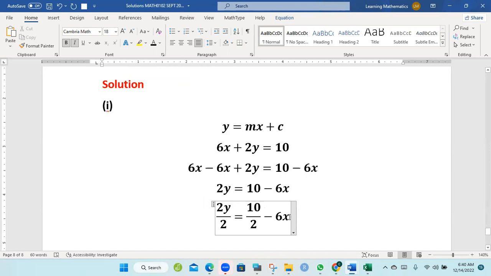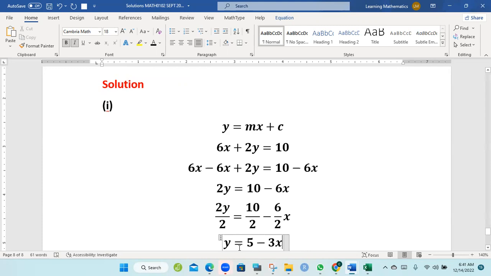And we have to divide both 10 and minus 6x by 2. So now we have y is equal to 10 divided by 2 is 5, and minus 6 divided by 2 is negative 3, negative 3x.